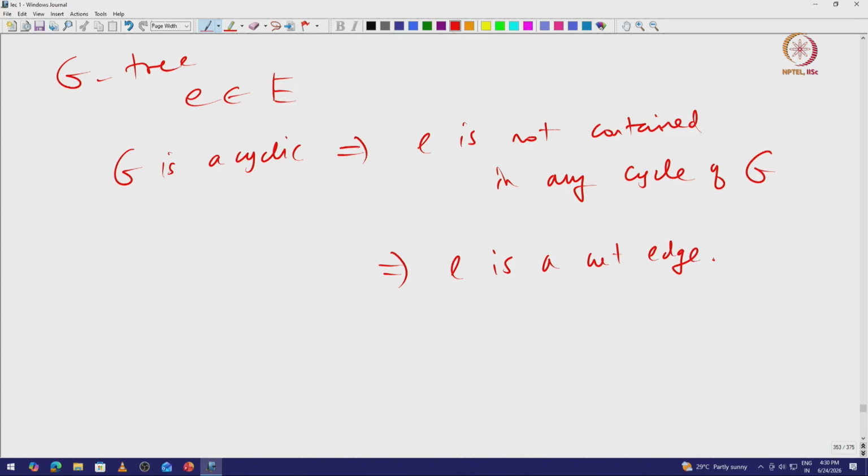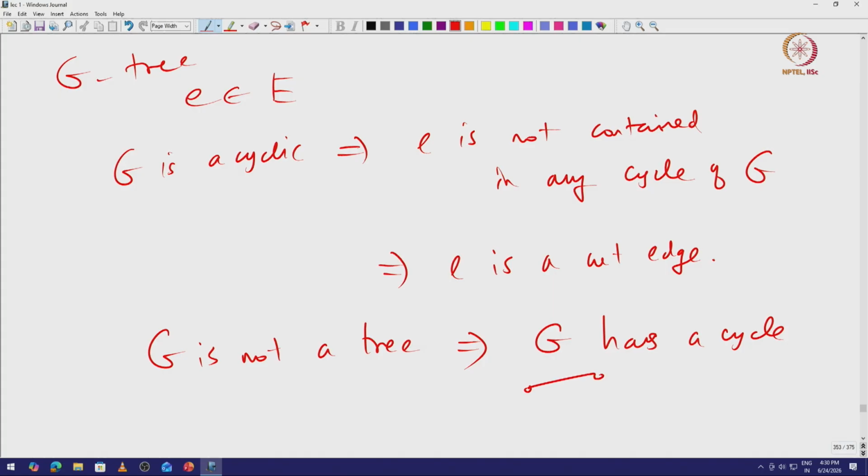So, now if you assume that all your edges are cut edges, then G must be connected, otherwise what will happen? If it is not a tree, then that would imply that G has a cycle.